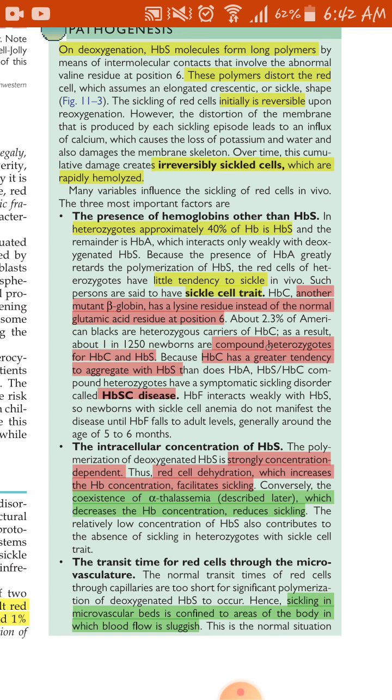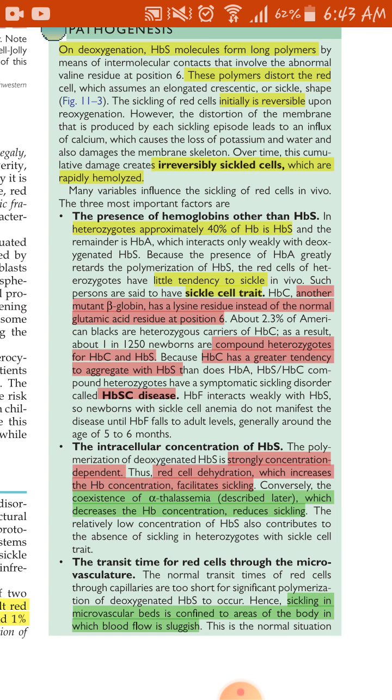Compound heterozygote means that he has both hemoglobin C and hemoglobin S. Hemoglobin S forms polymers, and hemoglobin C has a great tendency to form polymers along with hemoglobin S. So a person who is a compound heterozygote, having hemoglobin SC disease, has a greater tendency of sickling of the red blood cells as compared to a person who is heterozygote, having hemoglobin S and hemoglobin A.